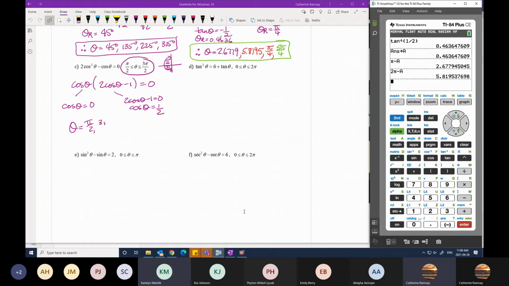Yes, and then just check to see that it's within the domain, and it does have equal signs here. So those two are absolutely correct. And then if we do our reference angle for cos equals 1/2, what would that be? Which family is cos 1/2? Pi over 3. Yes, pi over 3.